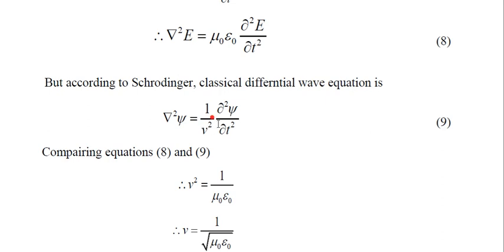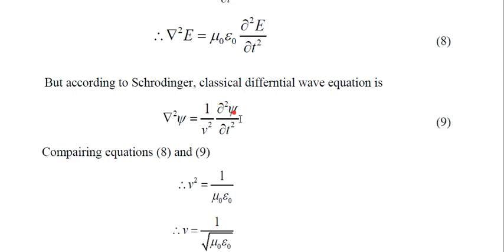According to Schrodinger, the classical differential wave equation is del square psi is equal to 1 upon v square dou 2 psi by dou t square. These two equations are similar; this one is according to Maxwell and this one is according to Schrodinger.